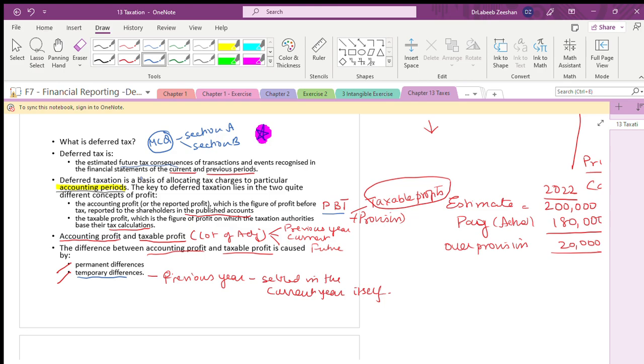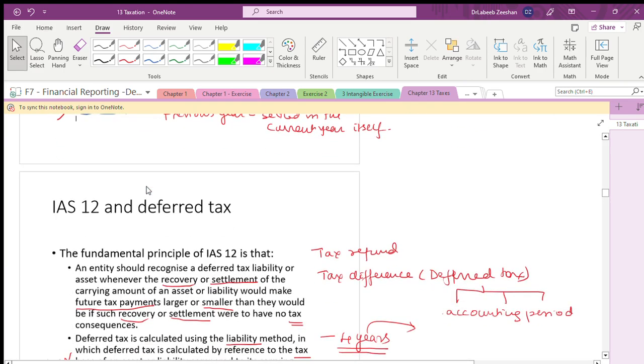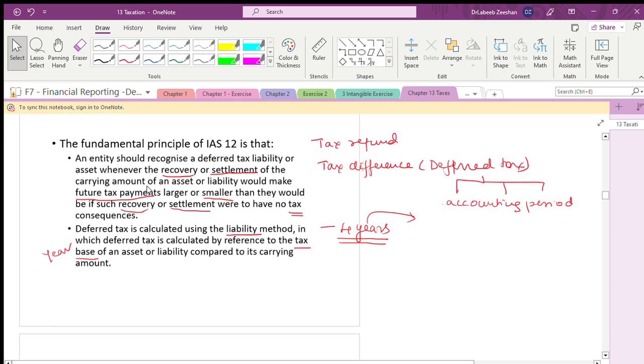Any difference has to be settled in the immediately next accounting year. The fundamental principle, what does the rule say? These are important concepts to solve both section A and section B, and somewhere in section C they will ask one element for 2 or 3 marks.